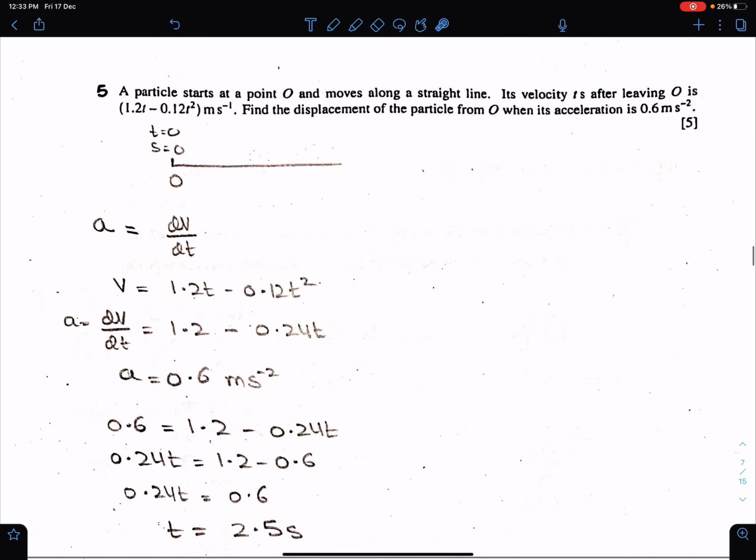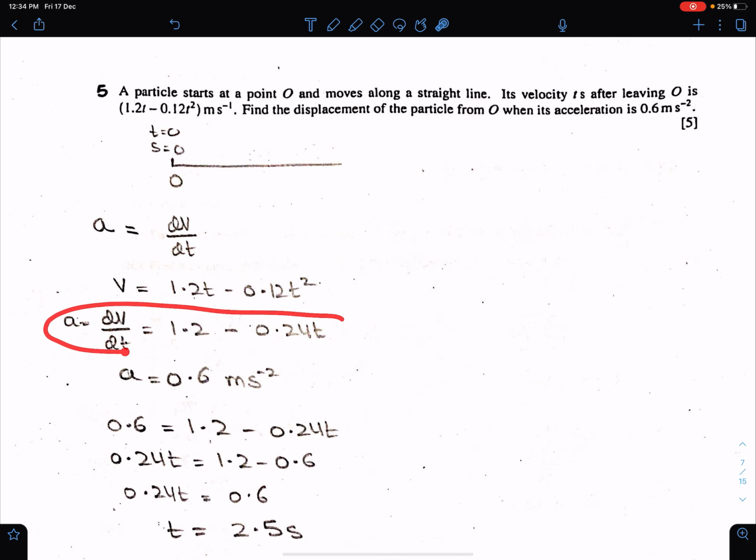Next question. A particle starts at a point O and moves along a straight line. Its velocity t seconds after leaving O is this. Find the displacement of the particle from O when its acceleration is 0.6. So you have to differentiate this velocity first to get the equation of acceleration.